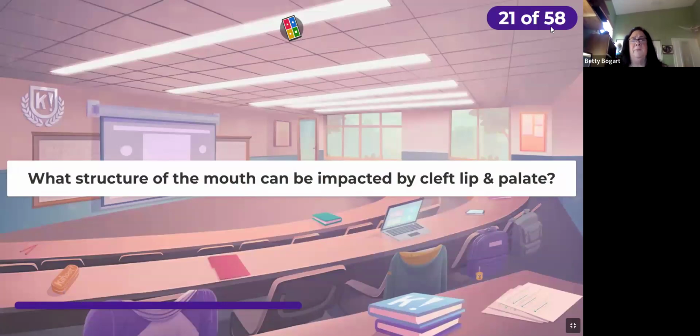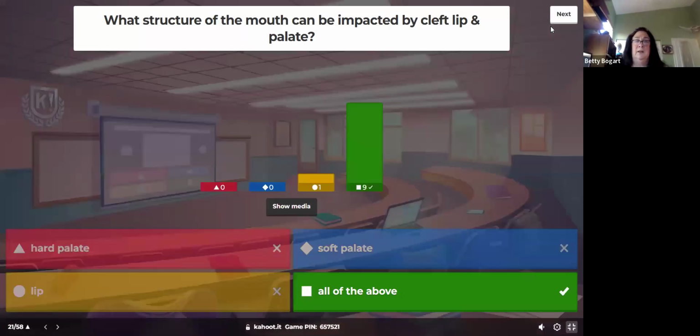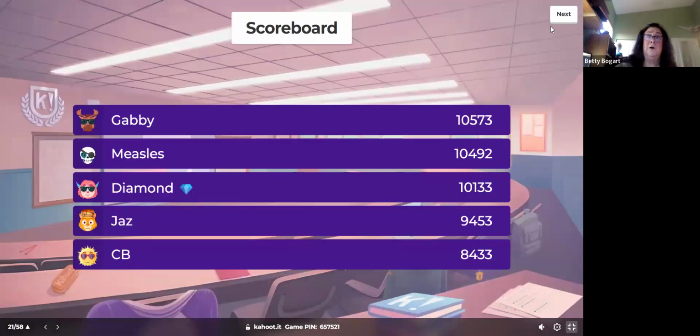What structure of the mouth can be impacted by cleft lip and palate? It's a little bit of everything, isn't it? And it does make a difference to get them done and fixed quickly for the speech part.